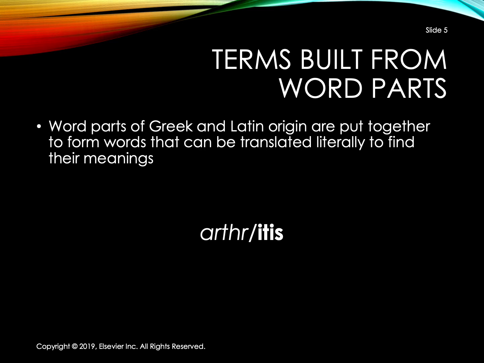Here's an example: arthritis. The arthro is one part and itis is the other part. Arthro means joint and itis means inflammation. So inflammation of the joint, right? We can translate that literally to figure out the meaning.